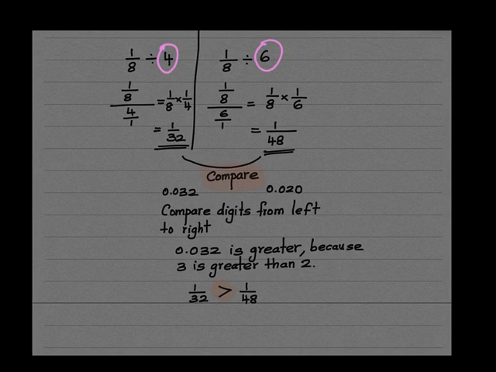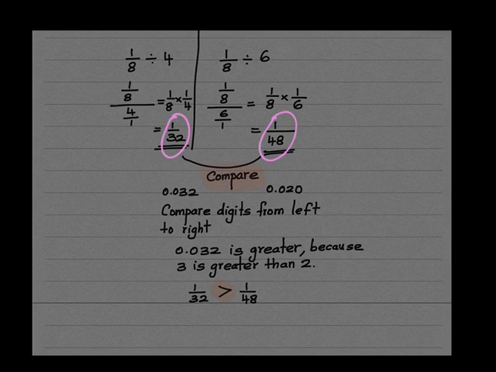What expression do you think will get the bigger value answer? Let us check. So the first expression, when we work on it, we get 1 over 32. The second expression, we get the answer 1 over 48.